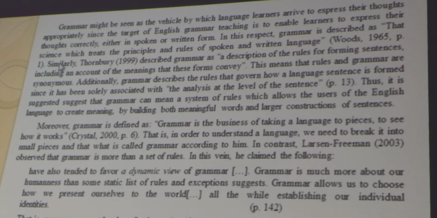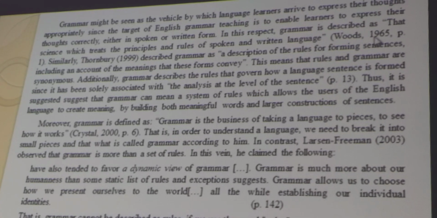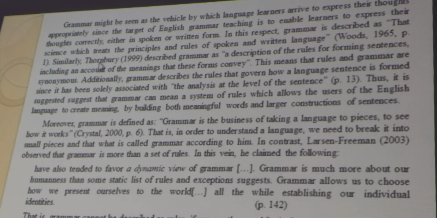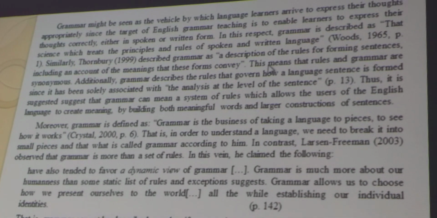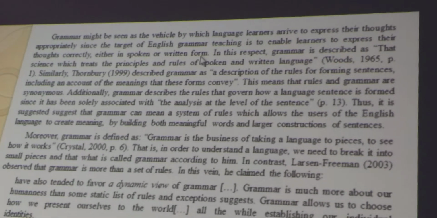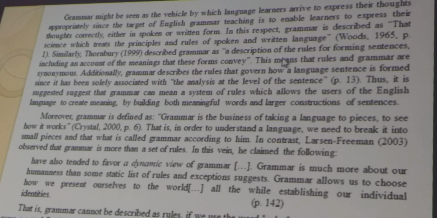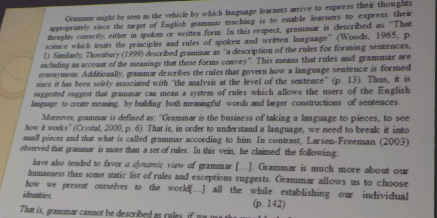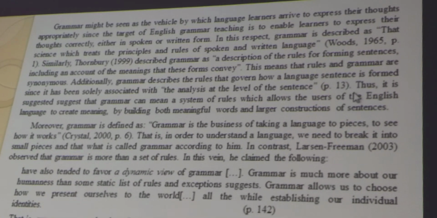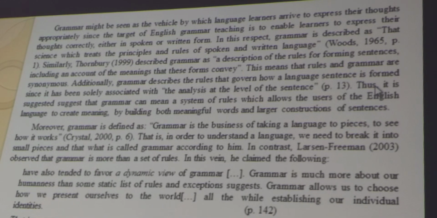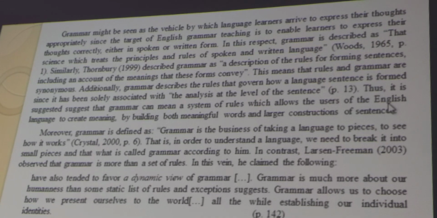Then she or he provided support from previous scholarship, Thornberry, 1999. Then she or he explained the previous arguments. A very good way to use these techniques to create a critical evaluation. And of course, she or he came with the conclusion by the end of the sentence.